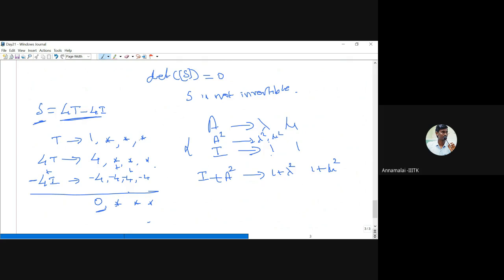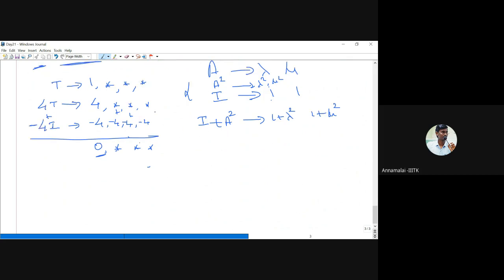Now, one more problem from group theory. In Z60, how many subgroups are there?